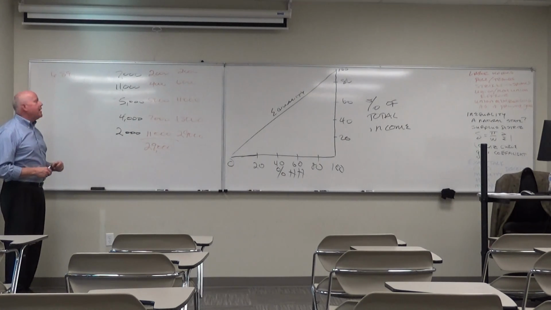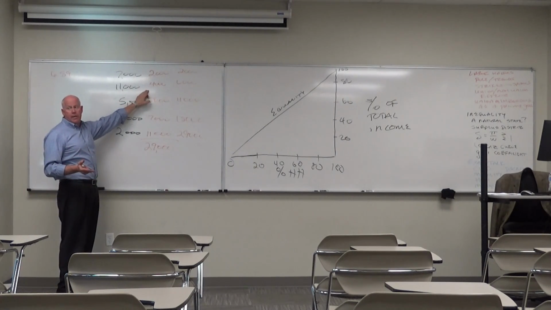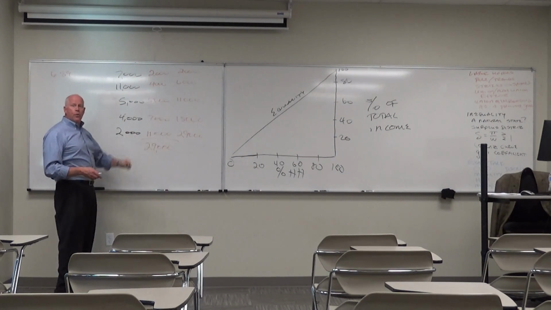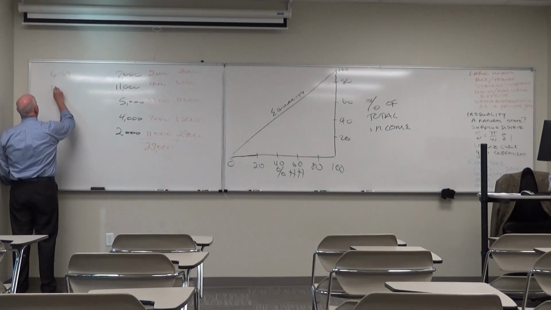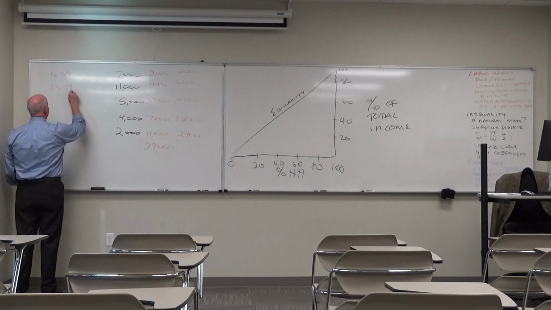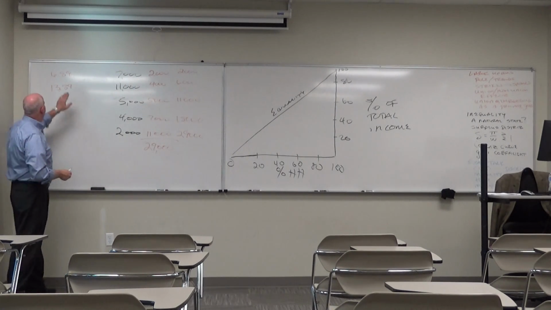And I can say that then 4,000, I'm not giving them cumulatively yet, I'm just doing them individually. 4,000 is going to be 13.89%, roughly double.